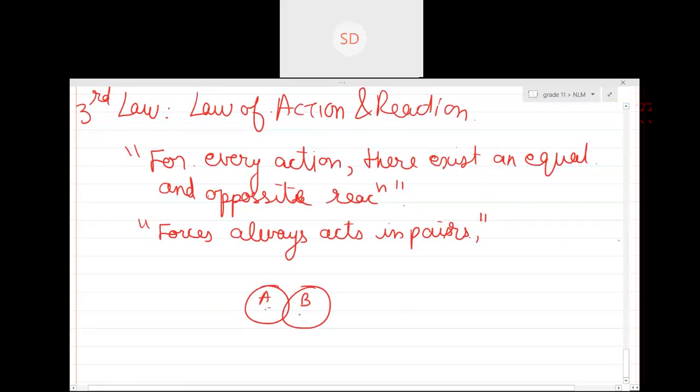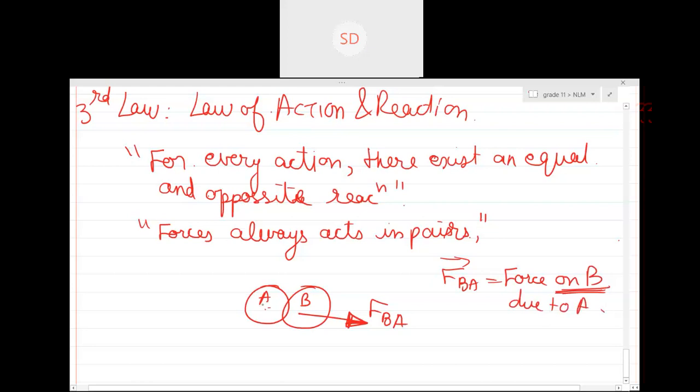So A will apply some force on B, so this is basically the force on B due to A. So F_BA is basically force on B due to A, and B will apply the same force on A in the opposite direction.